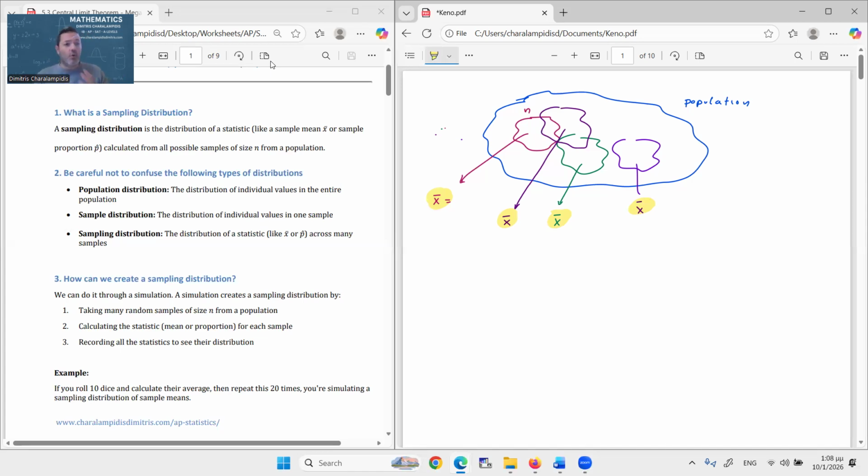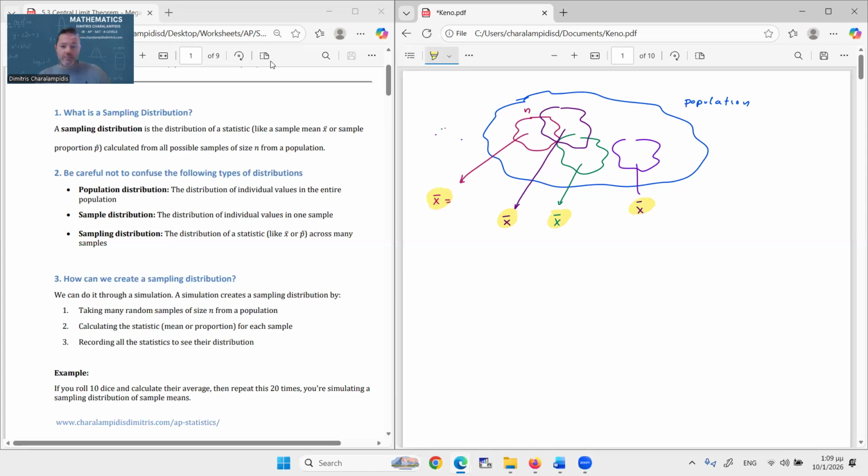We would prefer all of our samples to have the same size. Then, for each such sample, we calculate the specific statistic, whether that is a mean or a proportion or anything else. And finally, after collecting all those statistics, we plot them. That final graph is the sampling distribution.